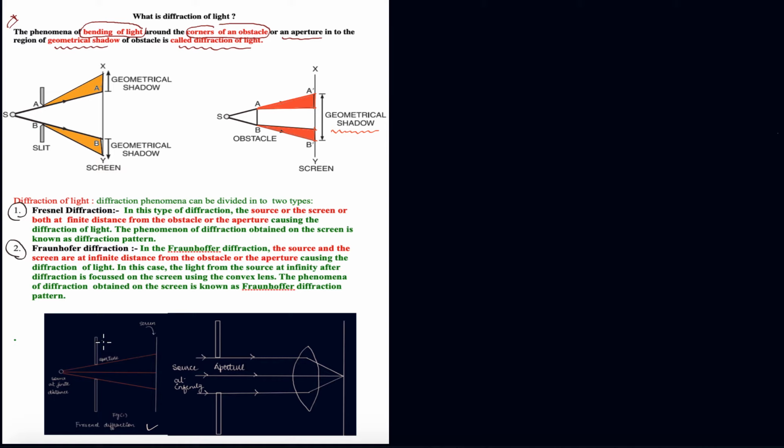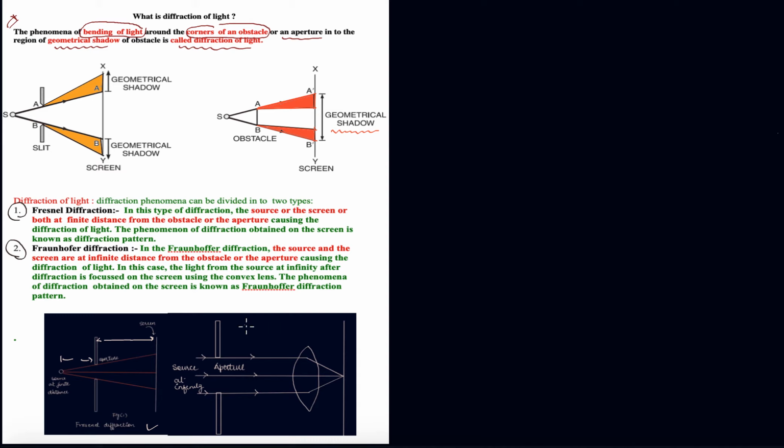Now see here, this definition is talking about this distance. Whether this is the source or this screen, both are at finite distance, right? So this kind of diffraction is known as Fresnel class of diffraction.